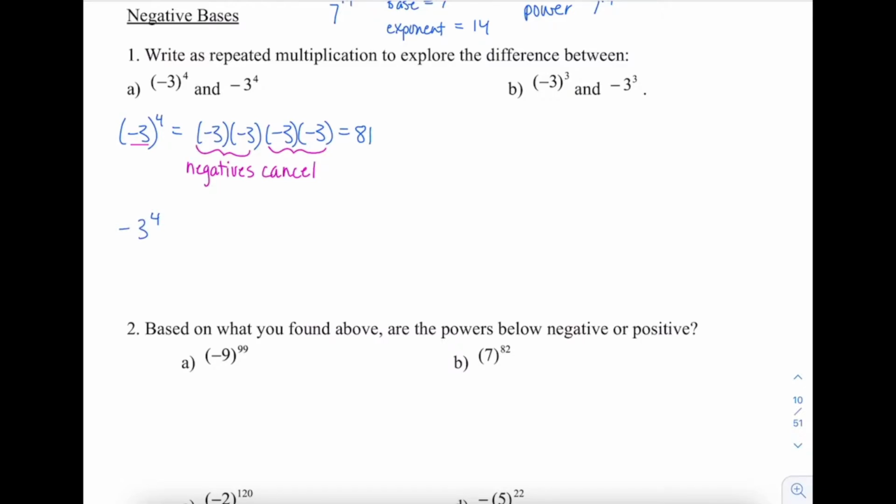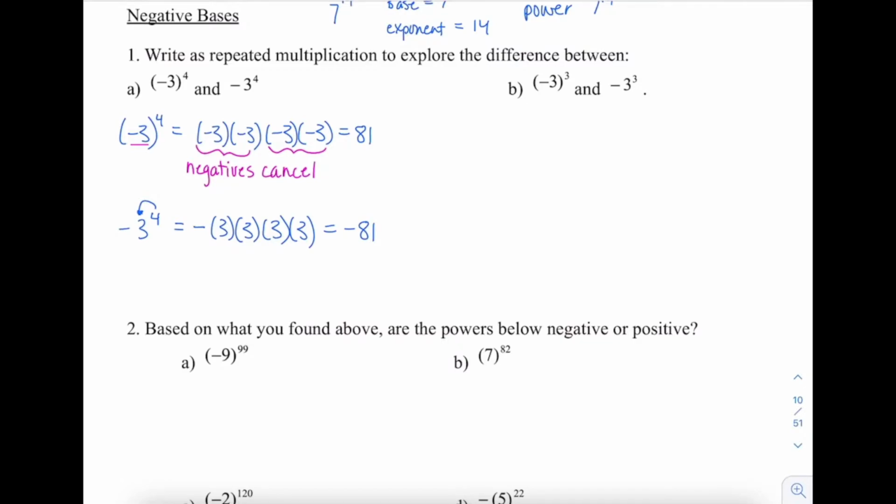Because there are no brackets around the negative value, the exponent of 4 only applies to the 3 and not to the negative in front of the 3. If you want to think about it this way, there are brackets here, but we don't usually draw those in. So we write this repeated multiplication by putting a negative on the outside of the quantity, and then we repeatedly multiply 3 four times. So we end up getting negative 81.